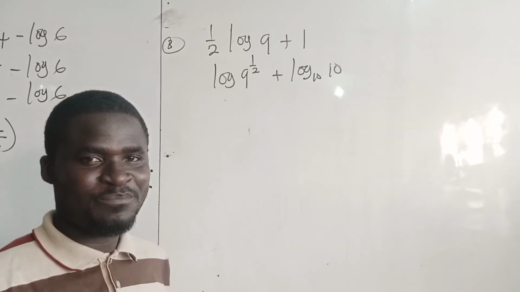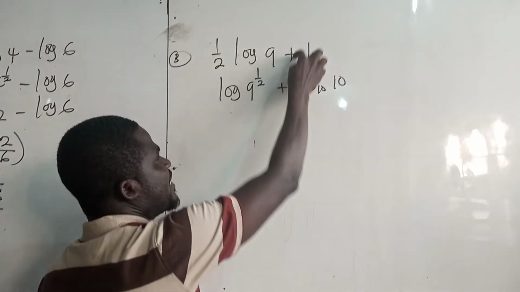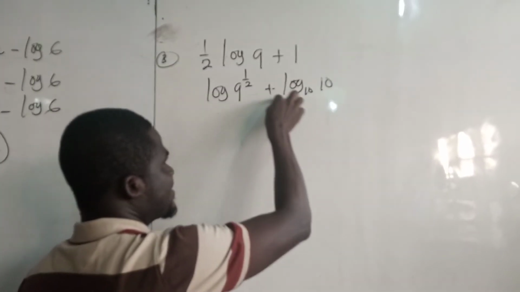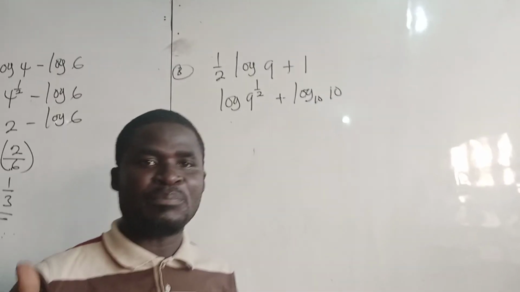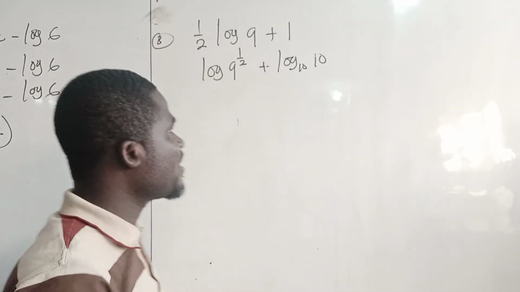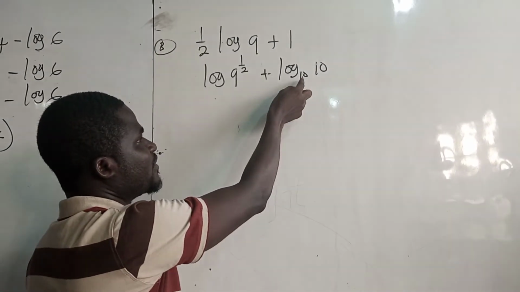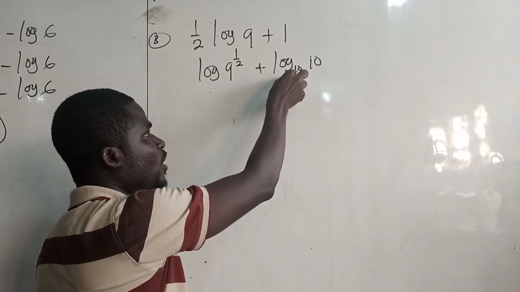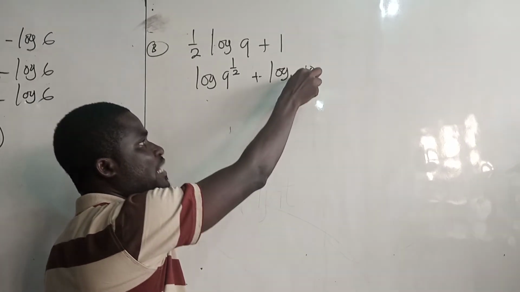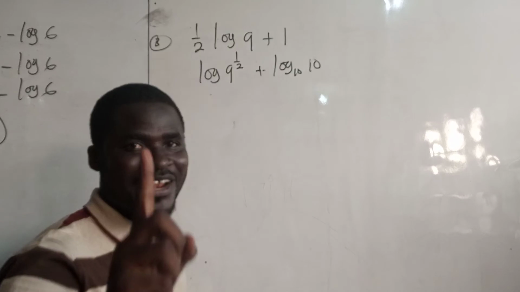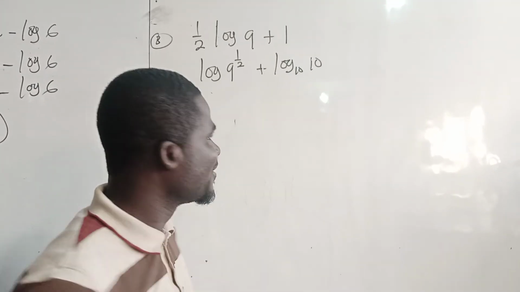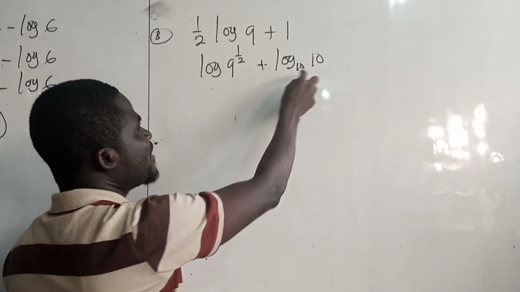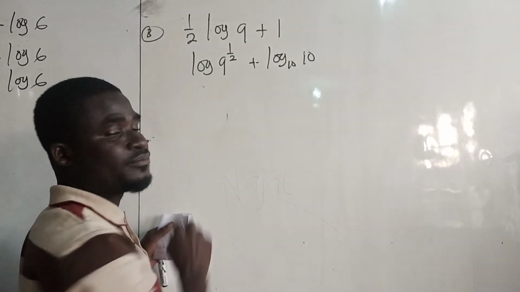Let me explain. Because one of the properties says that whenever you have log 10, 10, when the base and the number are the same, it's equal to 1. Are you getting it? Good. So that's why I've replaced this one with the 1.